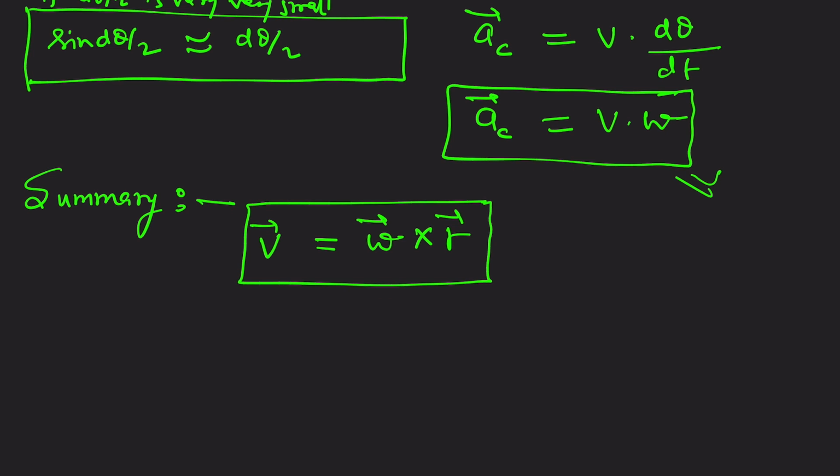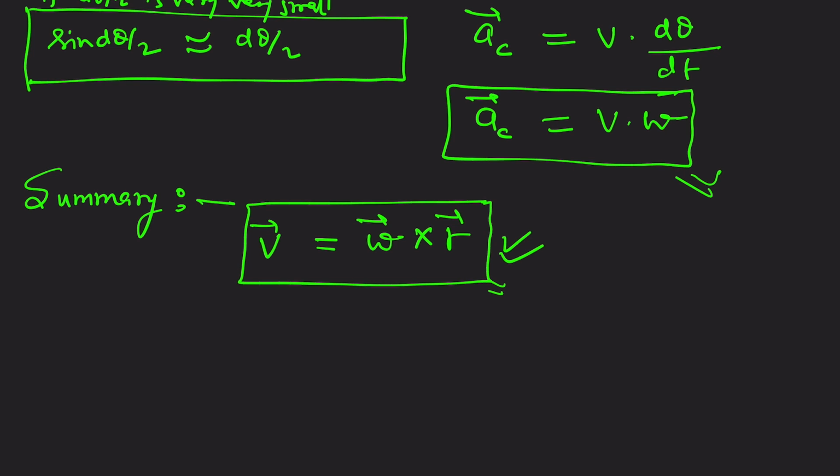This is true for all sorts of circular motion, there is no doubt about it, because we have derived it from a very general situation. For a very short time, everything is like a uniform circular motion, be it uniform or non-uniform circular motion. This is derived for an instant, so it means for a very short time. I hope you're getting my point.